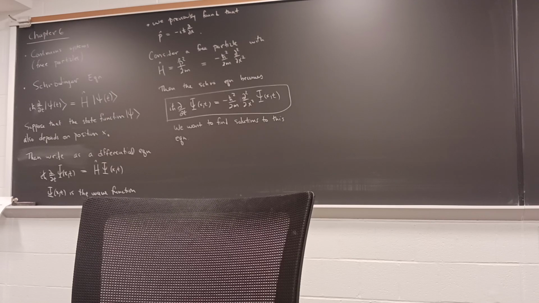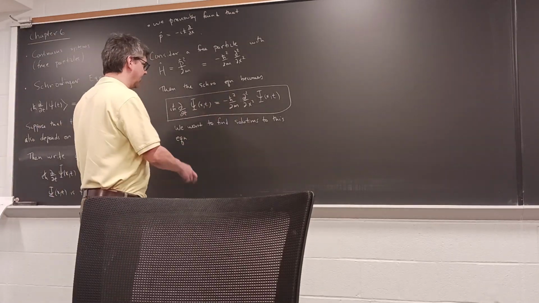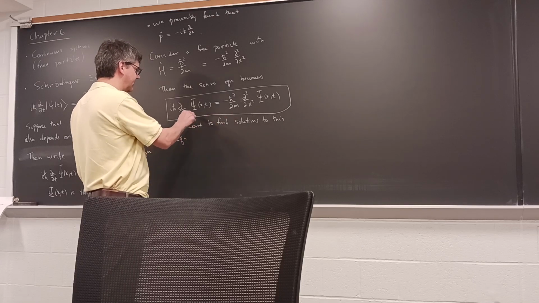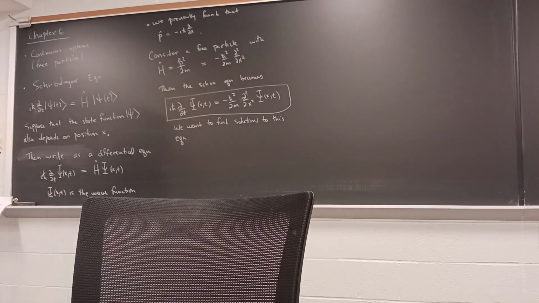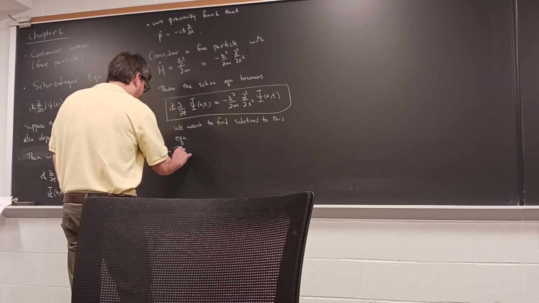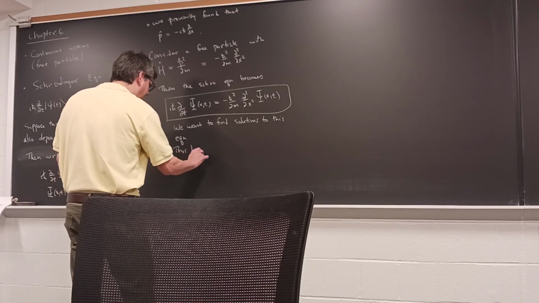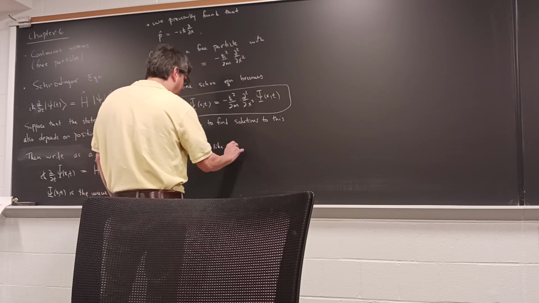Okay, well, when you have one time derivative and two spatial derivatives of however many space dimensions you have, it looks like the diffusion equation. That's what it reminds me of.